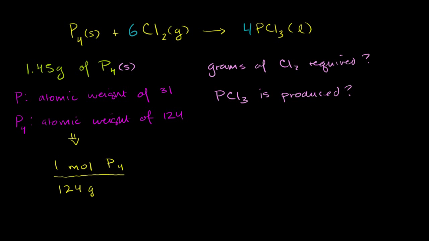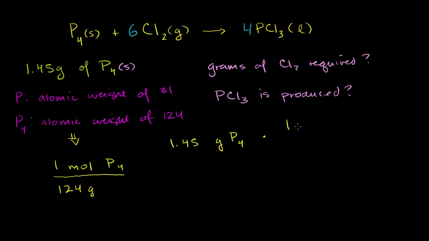So let me start over here. So we have 1.45 grams. Let me write it this way. Grams of phosphorus, of molecular phosphorus, each molecule containing 4 atoms. And we could just do a little dimensional analysis, make sure everything cancels out, times this information right here.